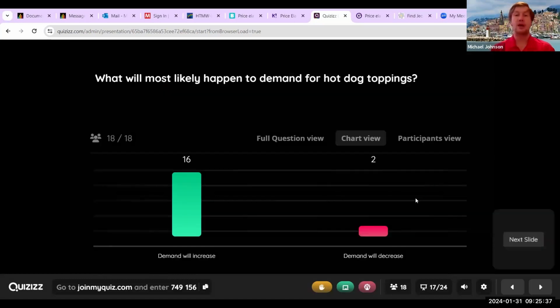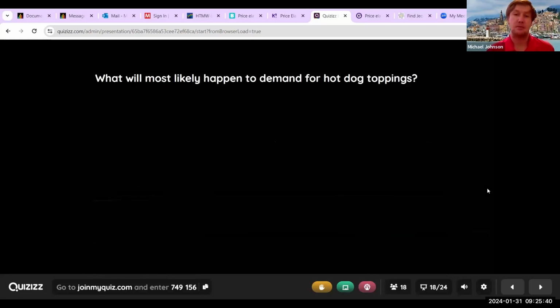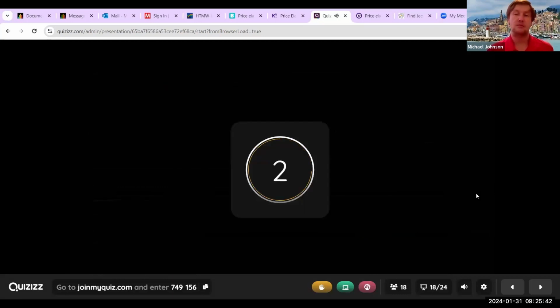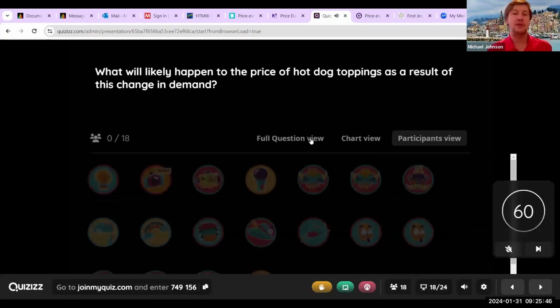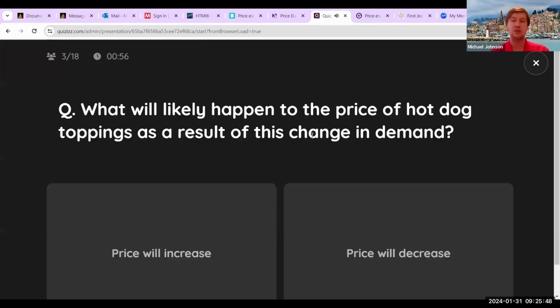So demand will increase for hot dog toppings. So what will most likely happen to the price of hot dog toppings as a result of this change in demand?